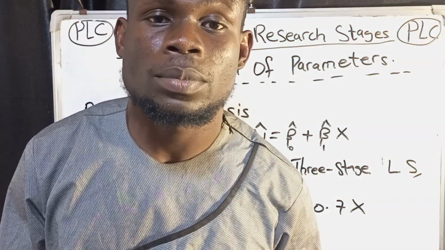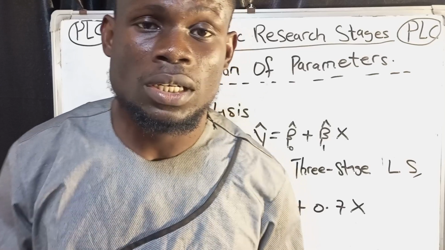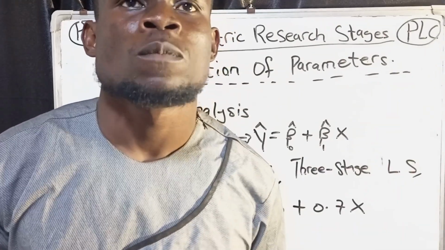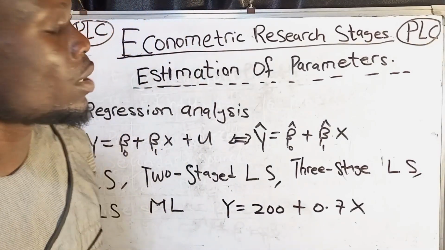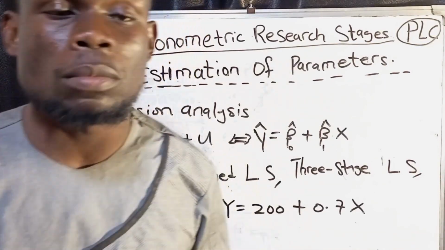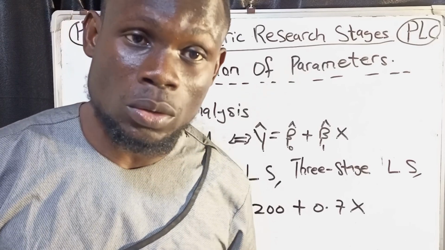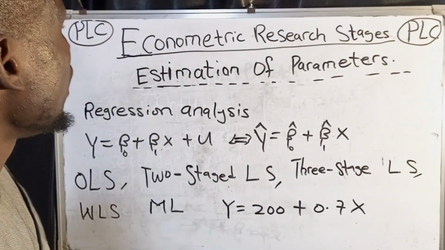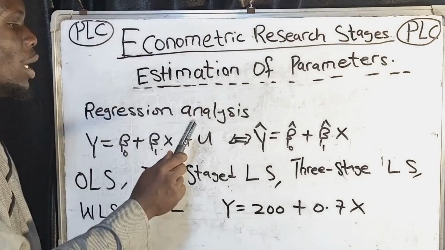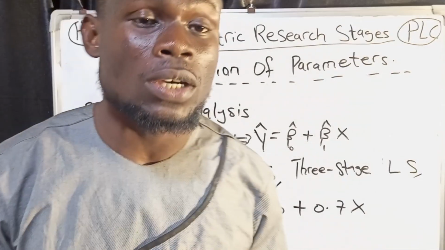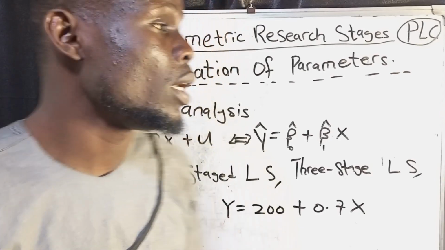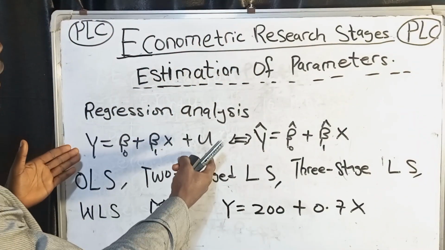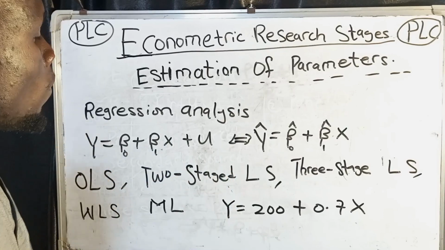The next step after the collection of data is the estimation of parameters. There is a need to estimate the parameters in our econometrics relationship. By the parameters, we mean our beta naught and beta 1 in the stated example. Basically, regression analysis is the major tool used in econometrics in estimating parameters. This is our econometrics model.